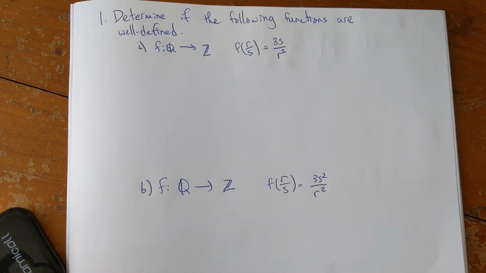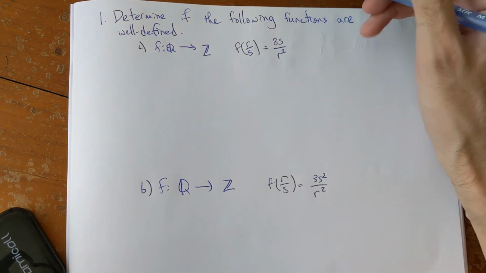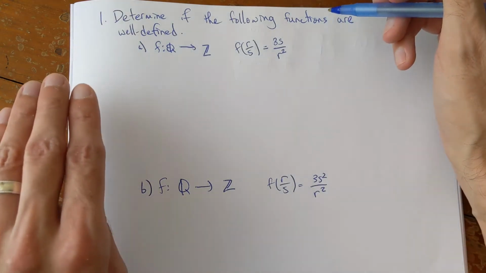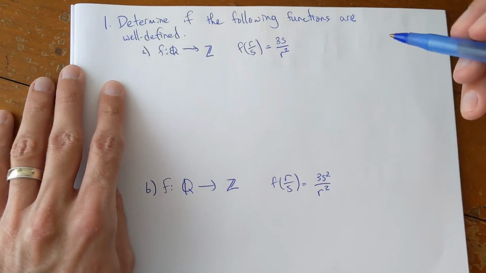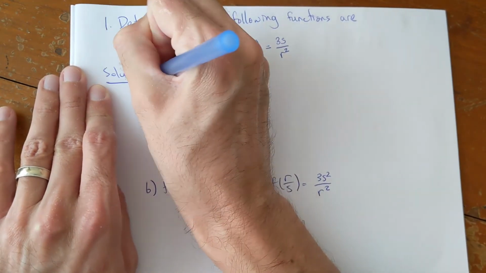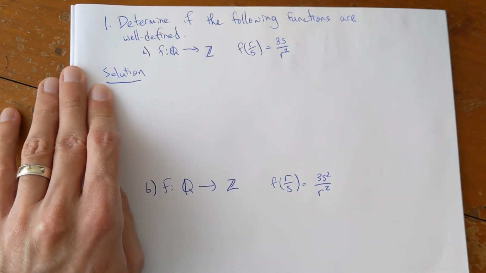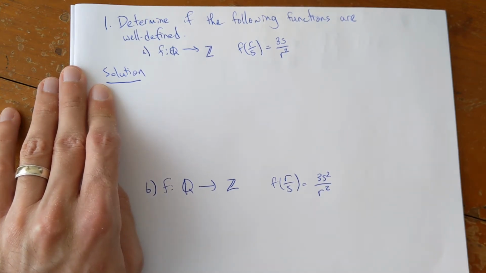So if the function was not well defined, you only needed to tell me one reason for that. You can see this function is not well defined for a couple of reasons.